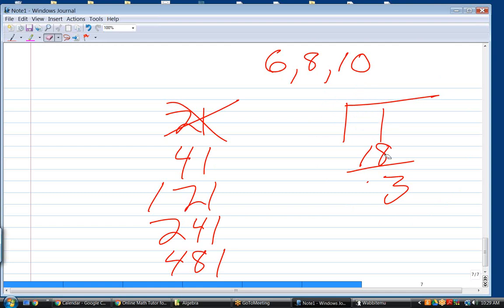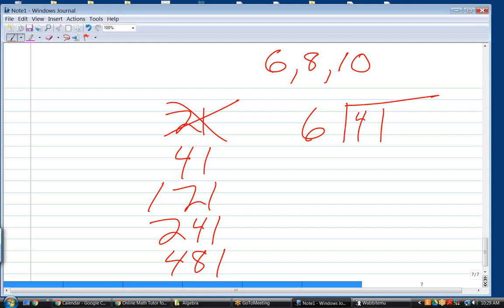Okay, so let's try 41. What's 41 divided by 6? Now, do you have to use a calculator to do that, or can you do that manually? I think I have to use a calculator.